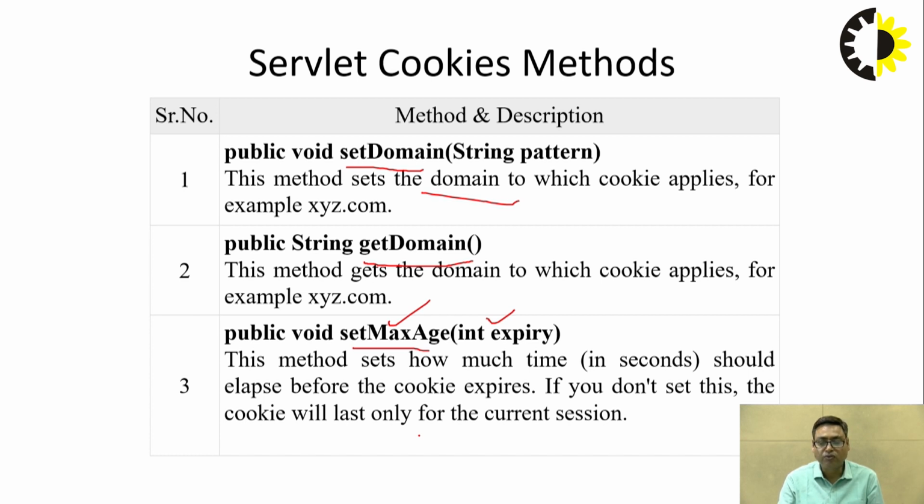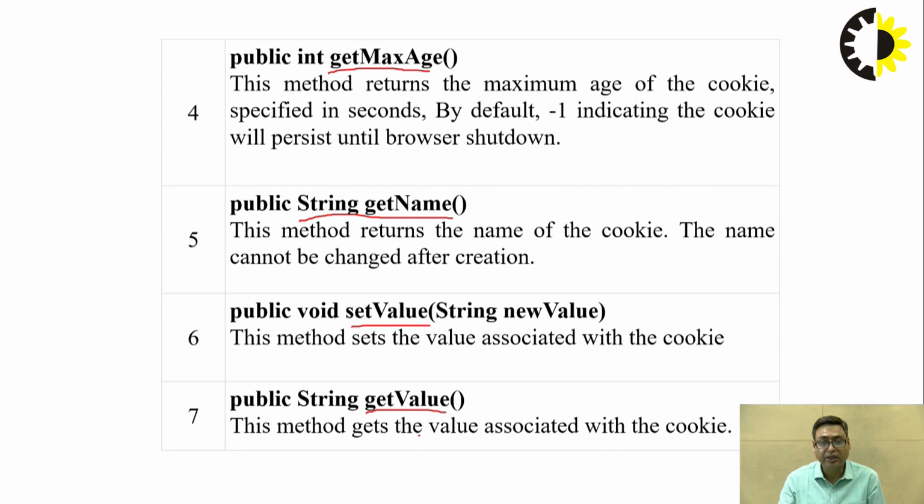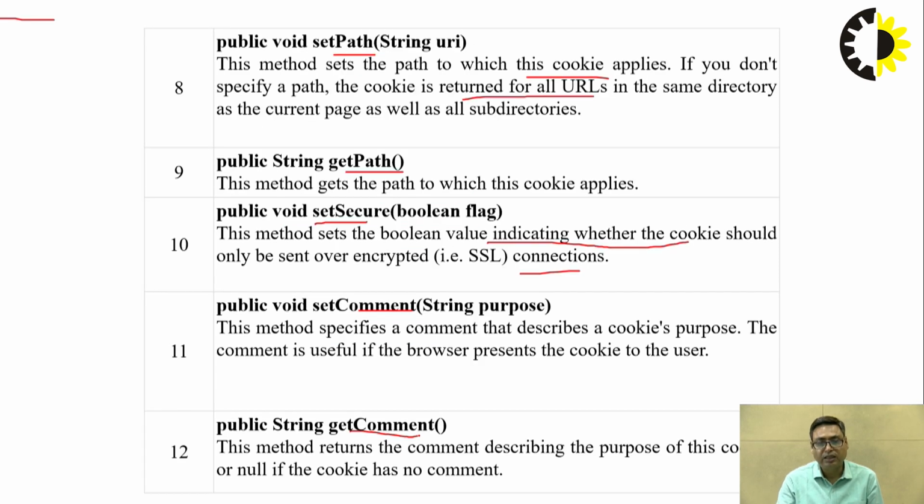Broadly, these methods are for setting the domain, setting the age of the cookies, getting the name, setting the values in the cookies, setting the path, and transferring the cookies on the secure socket layer, and you can set the comments also. These are some of the broader functions for programming on the cookies.